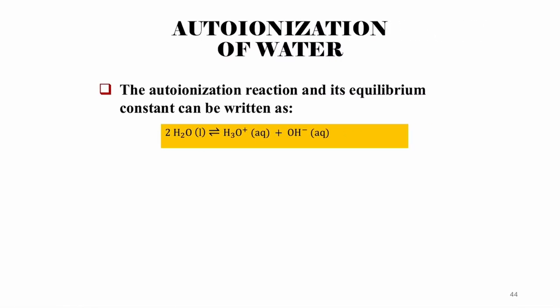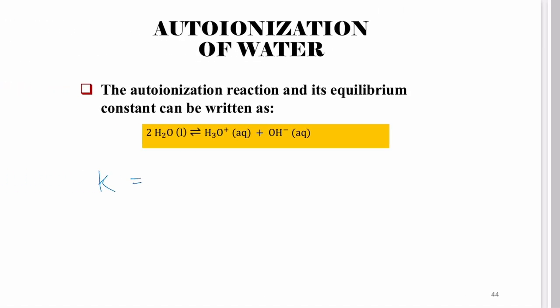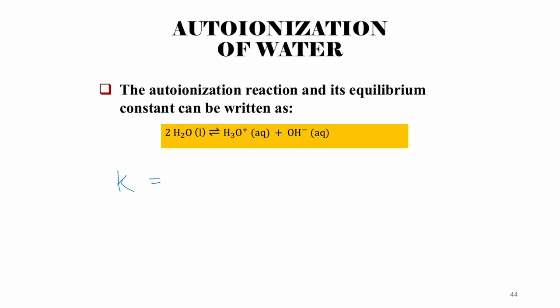So at its equilibrium, that means that we can write an equilibrium expression for this, and what would the equilibrium expression for this be equal to? H3O times OH on top. Yep, it'll be H3O plus and OH minus.